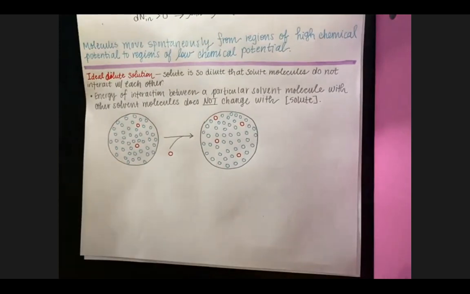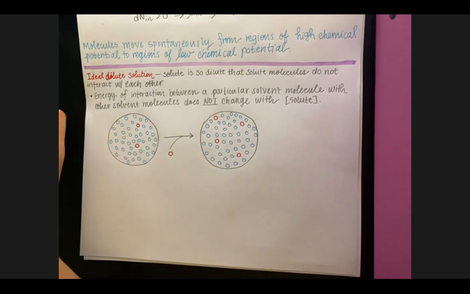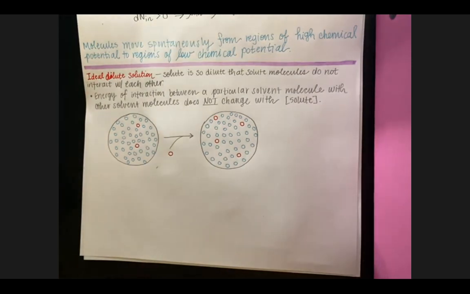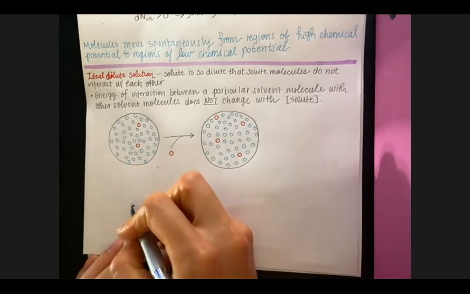Okay, something to consider too is an ideal dilute solution, which is where the solute is so dilute that solute molecules don't interact with each other. So the energy of interaction between a particular solvent molecule and other solvent molecules does not change with solute concentration. This means that changes in the chemical potential of an ideal solution as a function of concentration are due to only changes in entropy and not enthalpy.